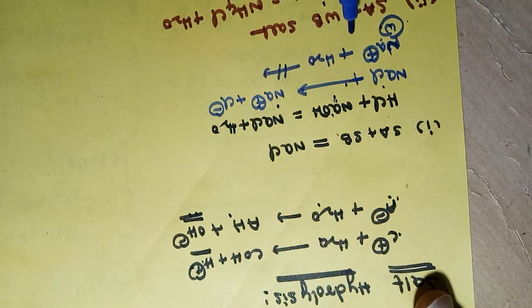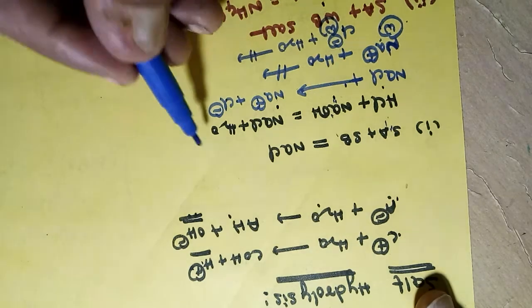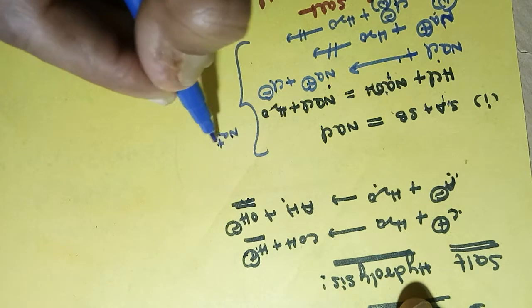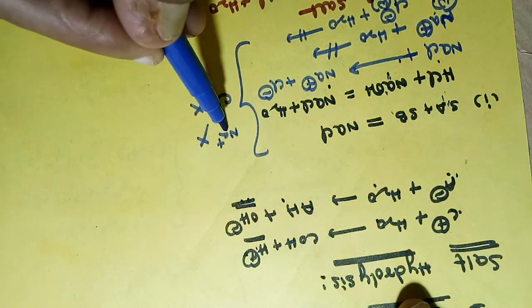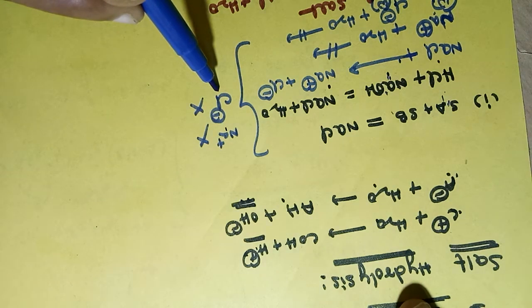Now take the Cl minus ion. It is formed from a strong acid, so it is also weak and not hydrolyzed. Na plus ions are not hydrolyzed, and Cl minus ions are also not hydrolyzed because they are weak, formed from strong.